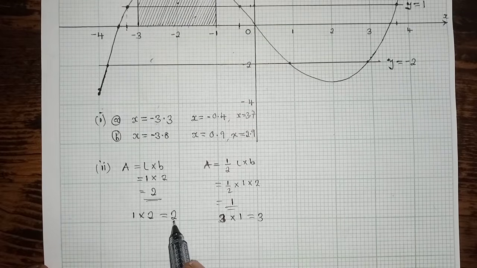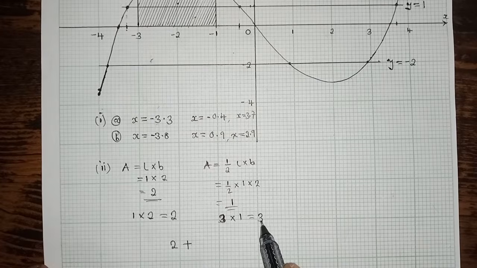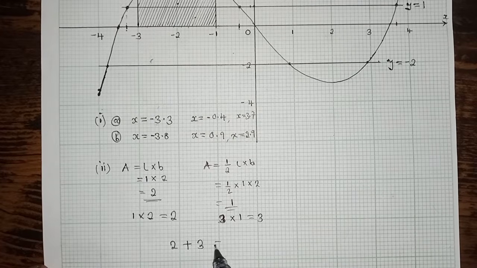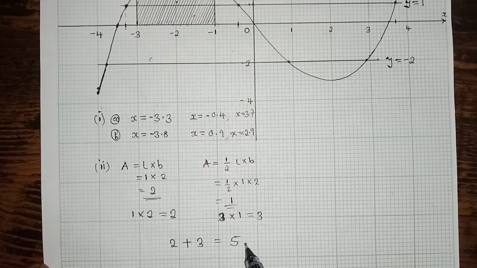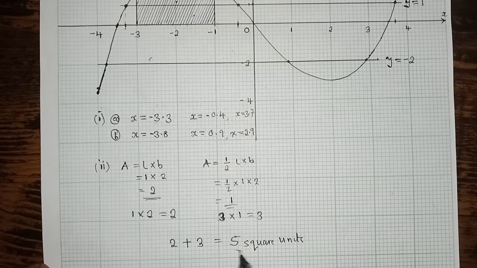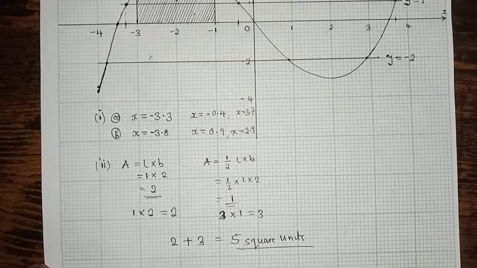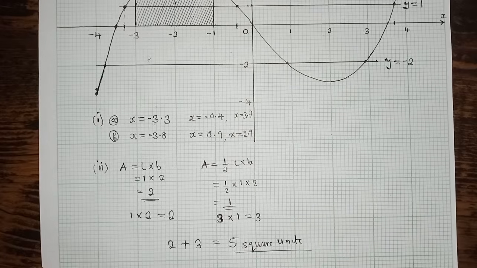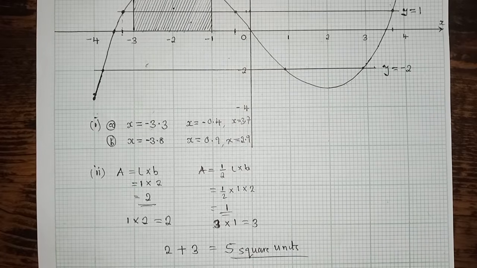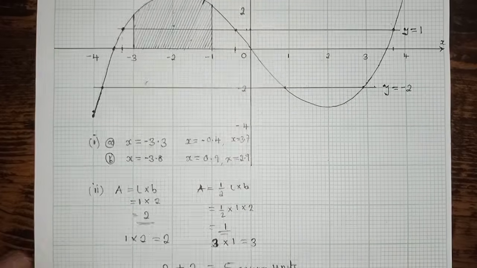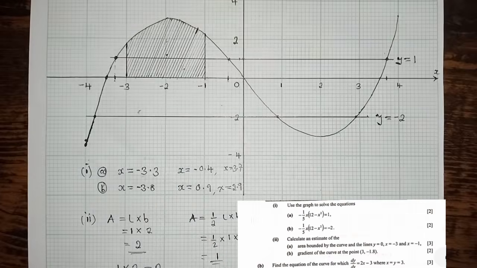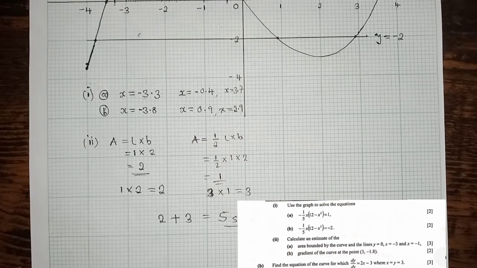So what we're going to do is to add this area to the other area of the unfinished rectangles, of which you find your answer to be 5 square units. I don't want you to be putting centimeter squared or kilometer squared, because we don't know the measurements here. No measurements have been mentioned, so just put square units.